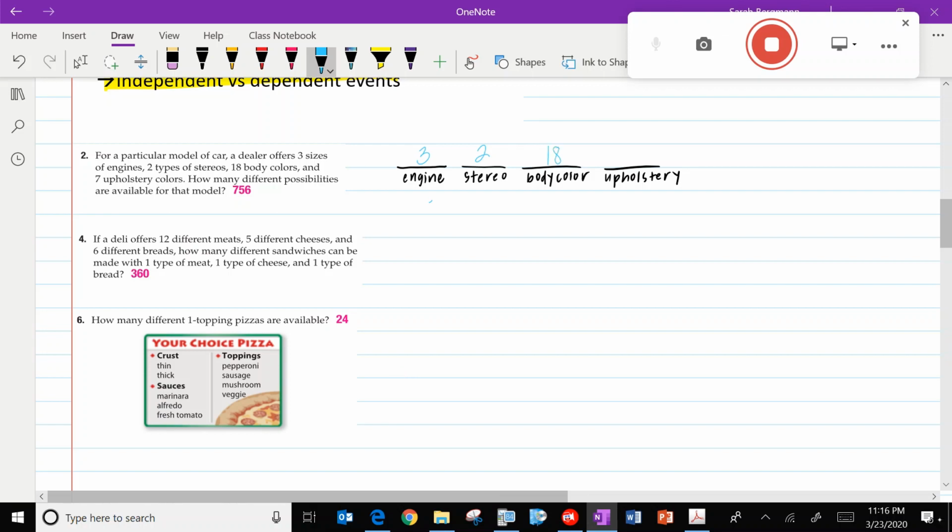Body color, there are 18 options, and upholstery colors, there are 7 options. Once I have the numbers listed for the number of possible outcomes for each event, all I need to do is multiply each of these numbers all together, and that will give me the 756 total possible outcomes.